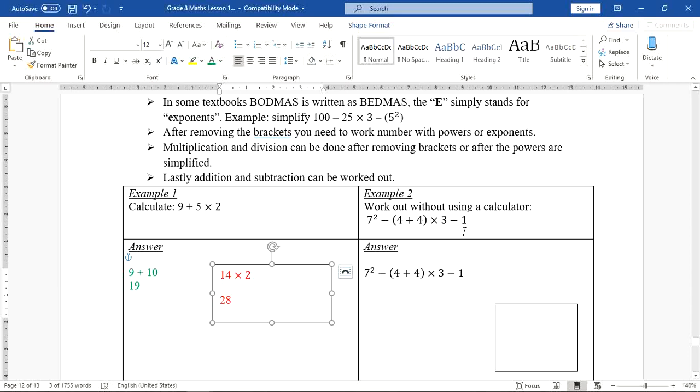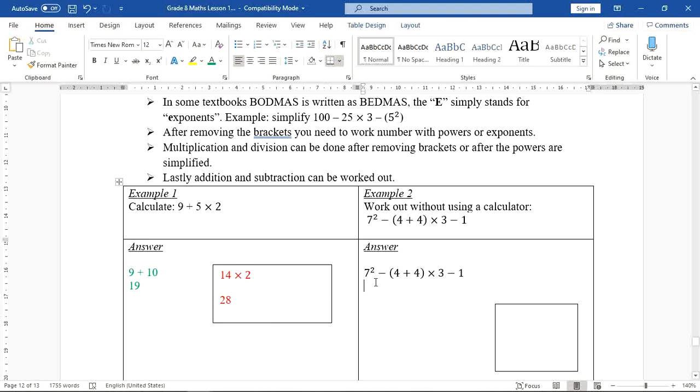Example number 2. I have 7 exponent 2, and then brackets 4 plus 4, times 3 minus 1. What do I have here? I know that 7 exponent 2 is going to be 49, because 7 times 7 is 49. Then I say minus 8, of course, because 4 plus 4 is 8, and then I multiply it with 3 and then subtract 1.